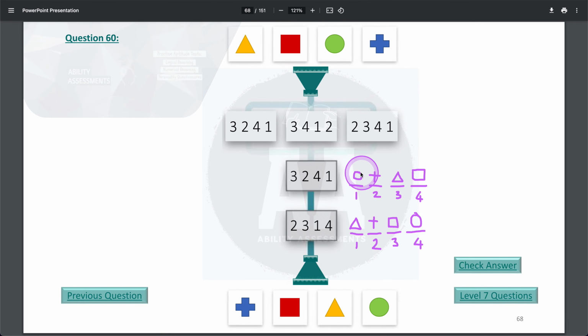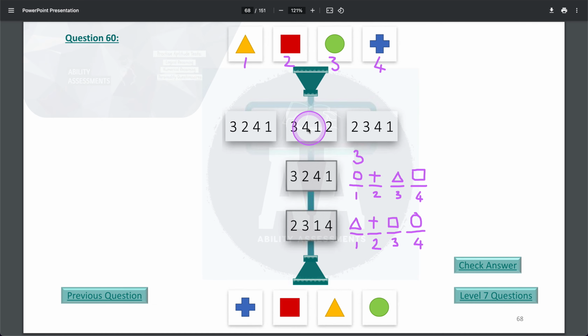The first one is the circle, so we try to find where the circle is. Just to make it easier, we'll number these: 1, 2, 3, and 4. We can see that the circle is in position number 3, so 3 is going to be our first number.